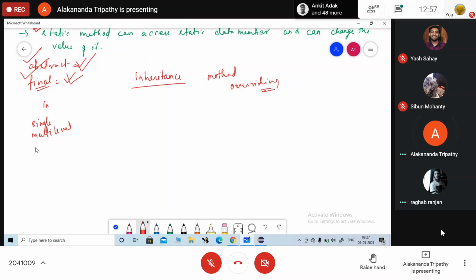Next, hybrid inheritance. Then hierarchical inheritance. Ma'am, I know about this much. Anyone having any other idea? ये तो चार हो गया.